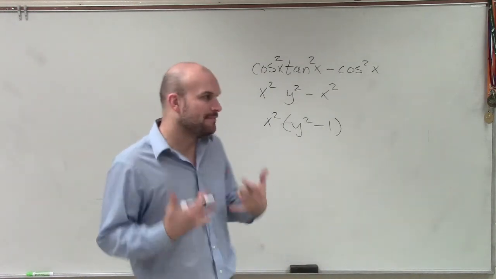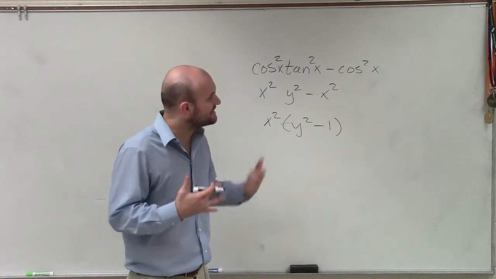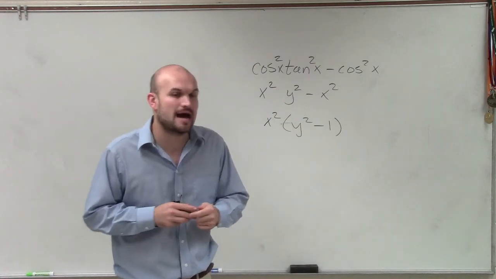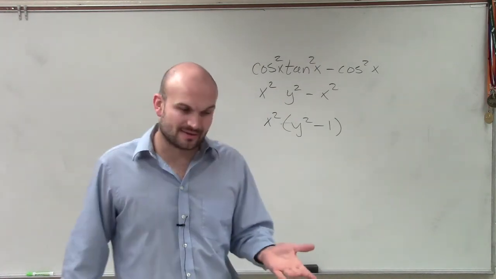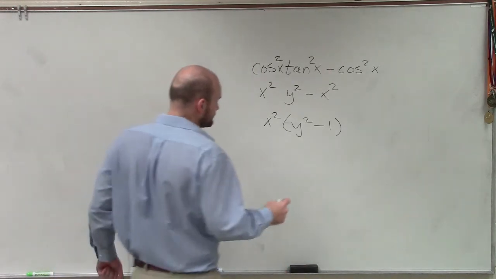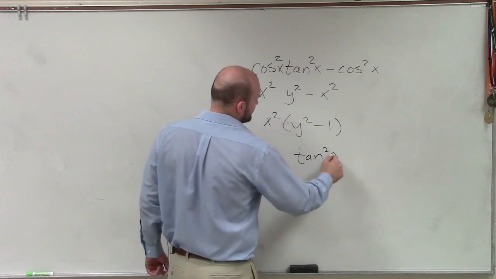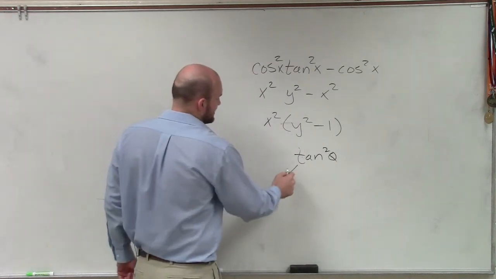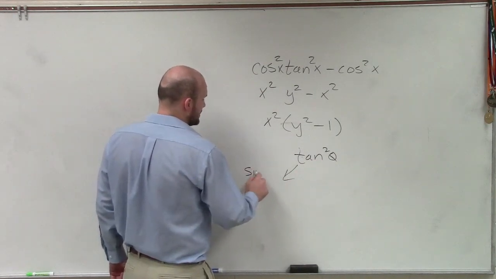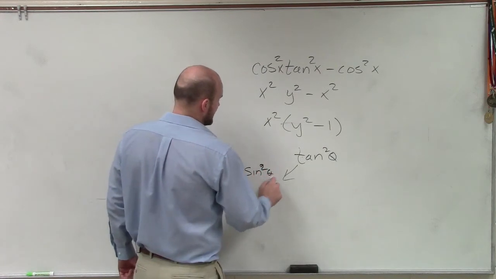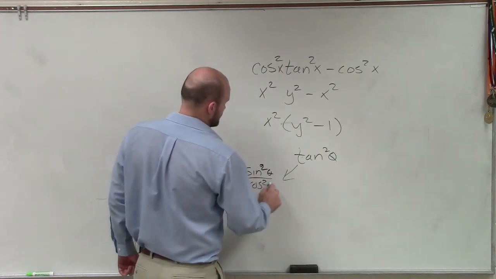So that would be my last helpful hint as far as common mistakes. And the last common mistake I would mention is, let's say students have tangent squared of theta, and they say, oh, I know I can rewrite tangent squared as sine squared of theta over cosine squared of theta.